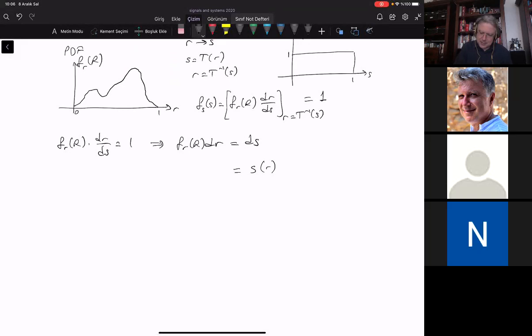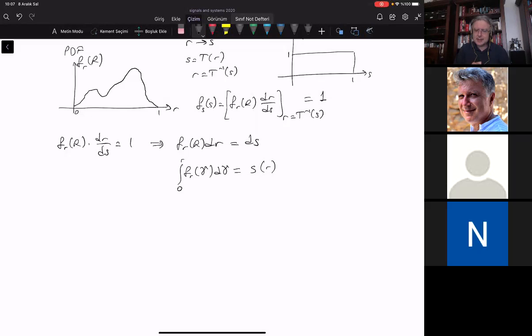And the left-hand side of the equation, I'm integrating like this. It is the integral from essentially minus infinity, but everything starts at 0, so it's from 0 to R. I'm integrating F_R of an auxiliary variable I have to use. Let me use gamma, d gamma.